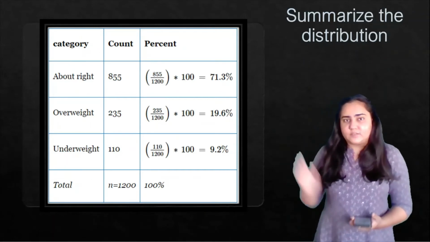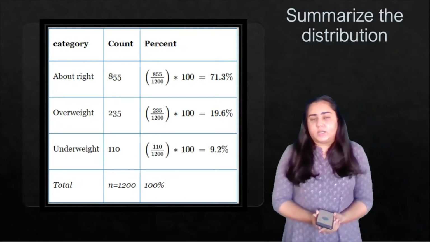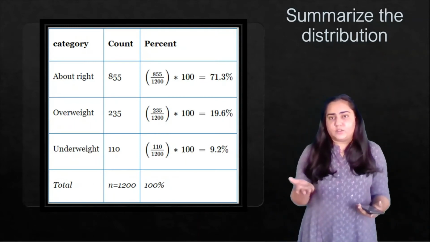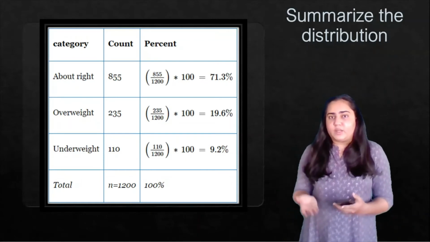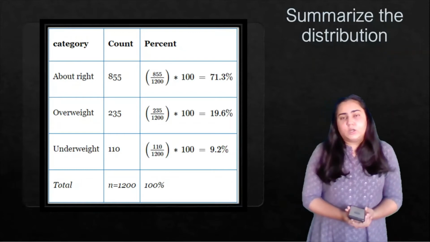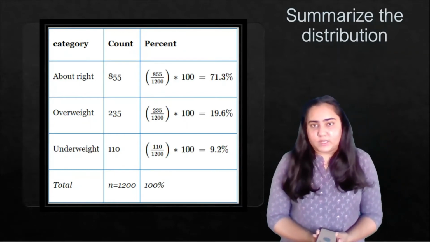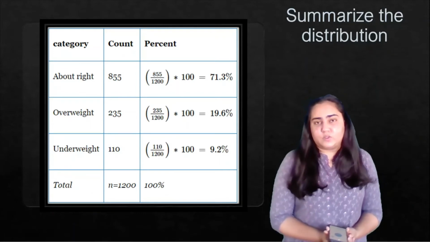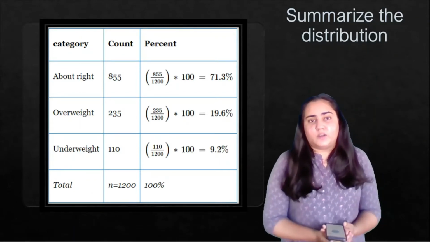So the count is given, and then based on the count, you can divide the count by the total number of students, which is 1200, and then multiply that by 100 to get the percentage, which comes up to 71.3%.